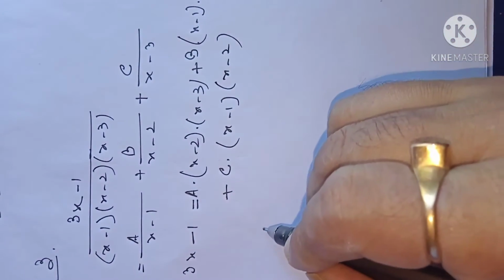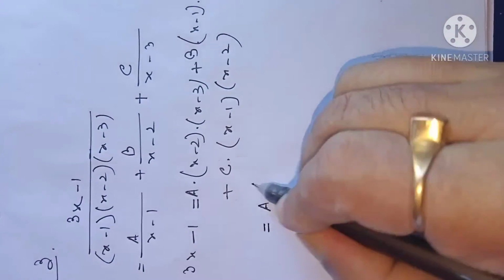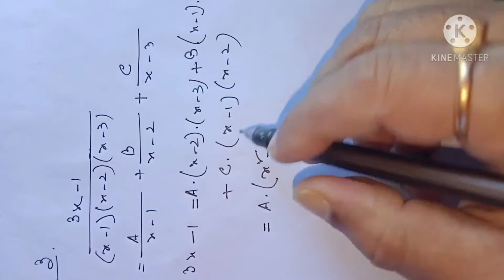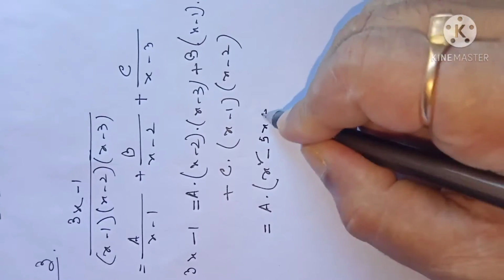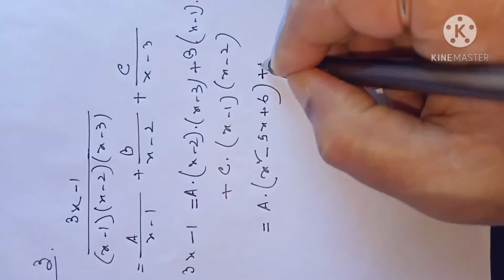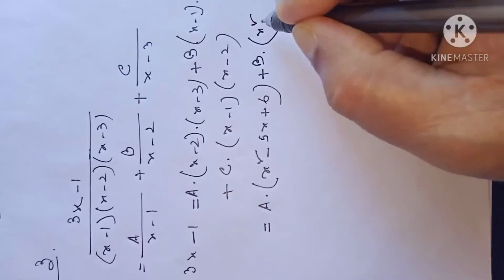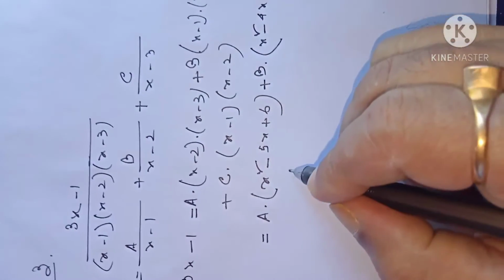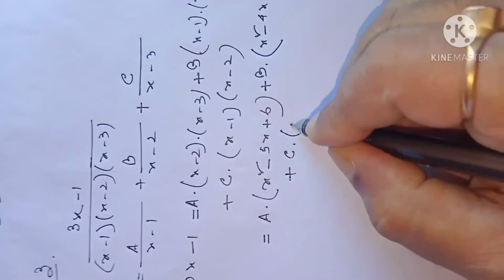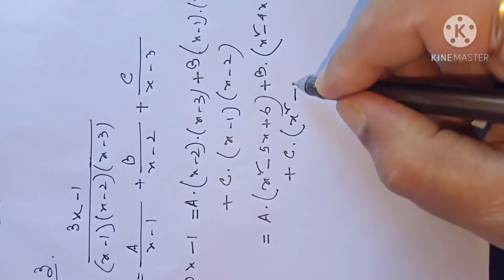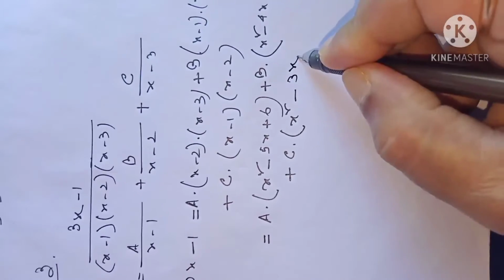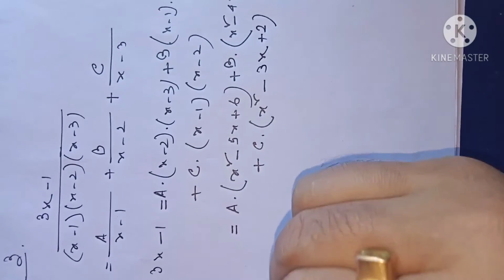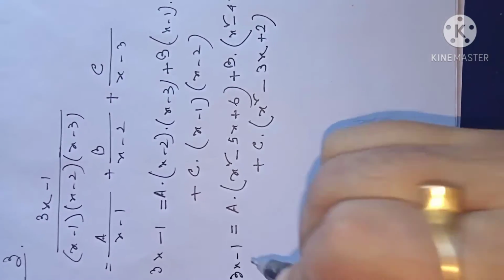So you will get a into (x square minus 5x plus 6) plus b into (x square minus 4x plus 3) plus c into (x square minus 3x plus 2). The left hand side is 3x minus 1.